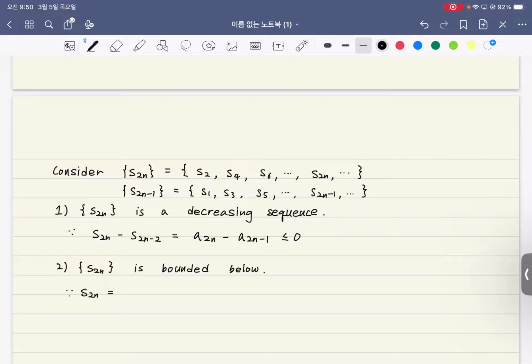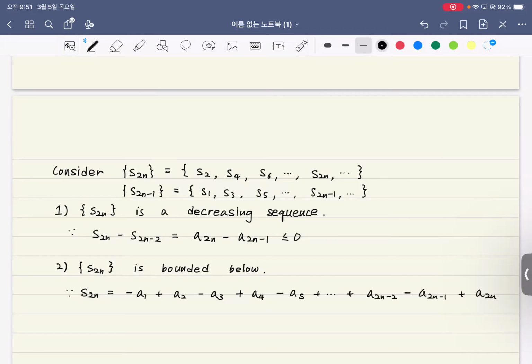S2n is minus A1 plus A2 minus A3 plus A4 minus A5, all the way to plus A2n minus 2, minus A2n minus 1 plus A2n.